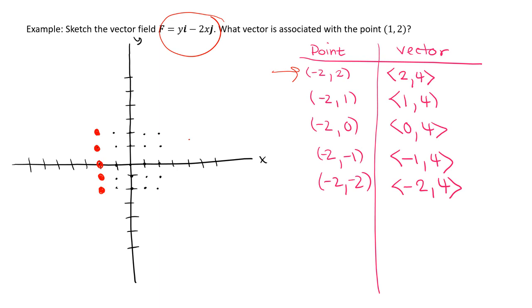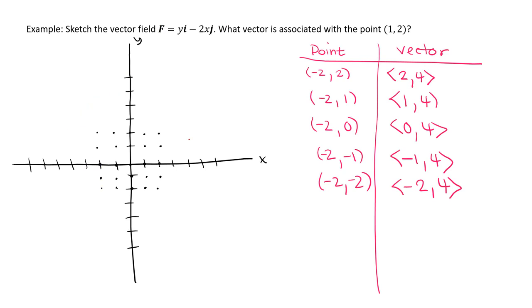I basically took the x's and y's in this collection of points and plugged those into my vector equation to get a bunch of vectors. So I've got the vector <2, 4> at the point (-2, 2), <1, 4> at the point (-2, 1), etc. And then I'm going to plot each of these vectors at those points. And I did all of them.